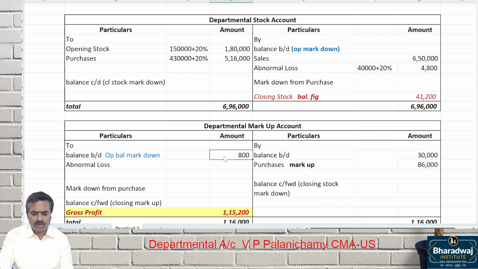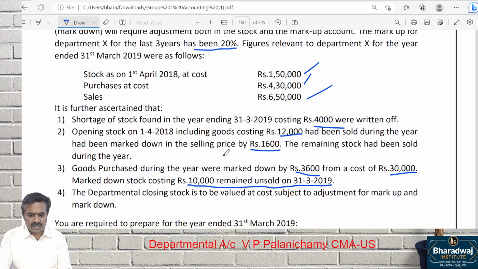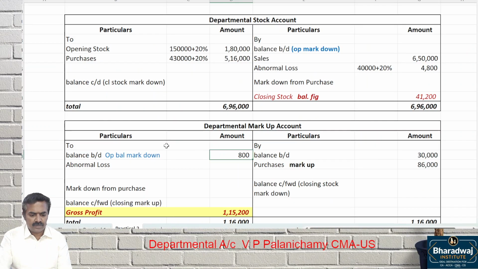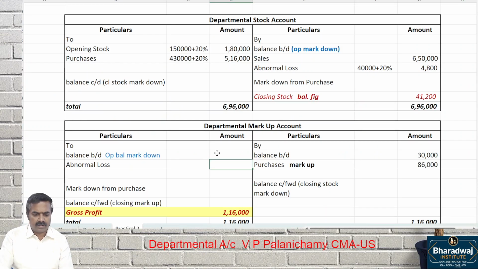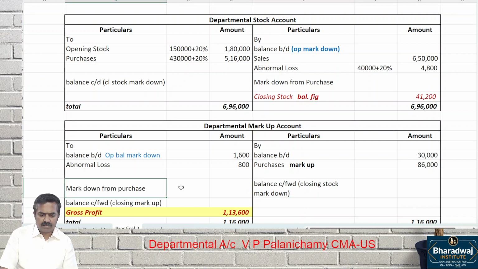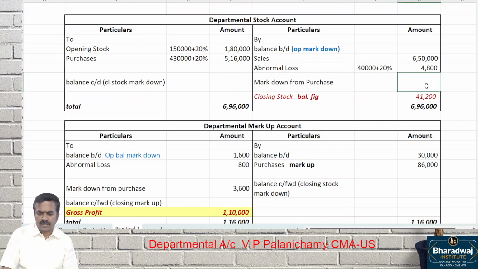No, no. Opening stock markdown, how much is there? Opening stock, anything marked down? Any opening balance marked down? The sales marked down, opening stock marked down. Opening stock. Goods costing 1,000? 600. The markdown or loading in abnormal loss 800. Markdown from purchases, how much have they given? 3,600.